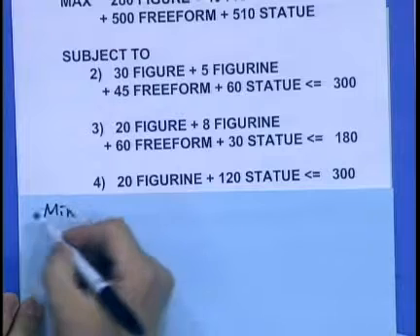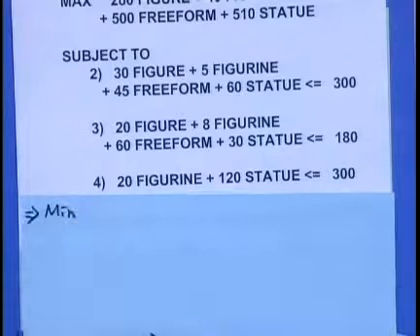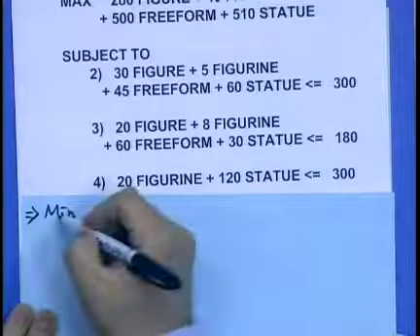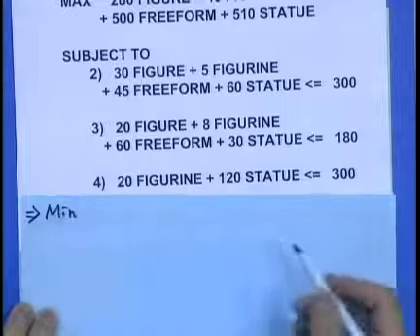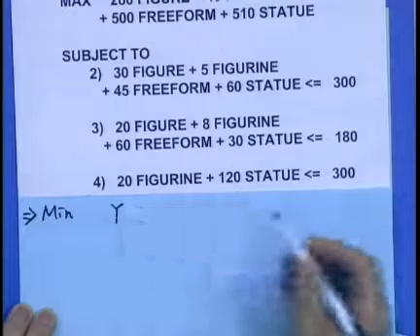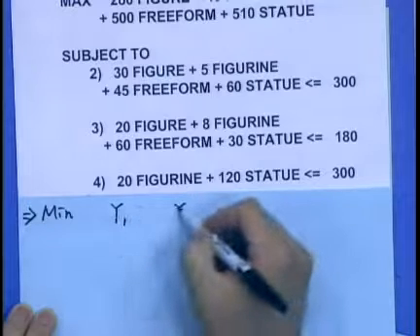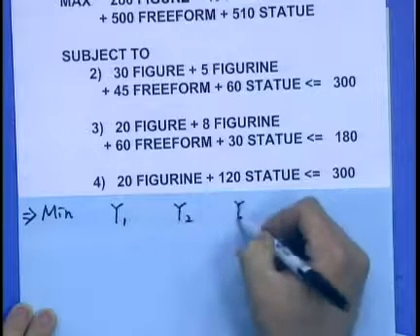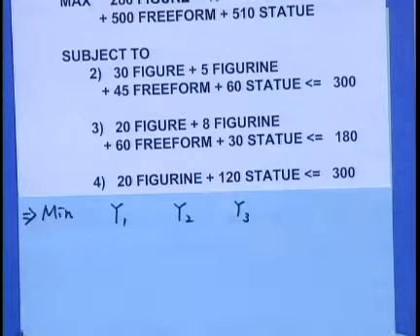So the dual is a minimization problem, and let's use y as the dual variable. So we will have 3 dual variables, y1, y2, y3, right?